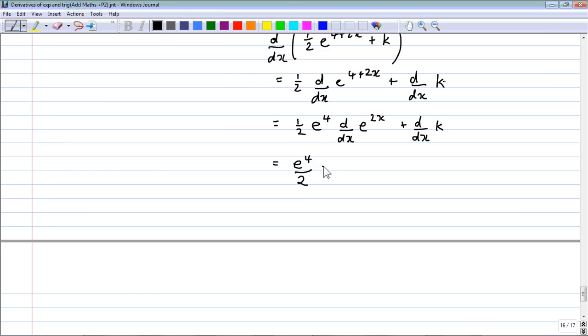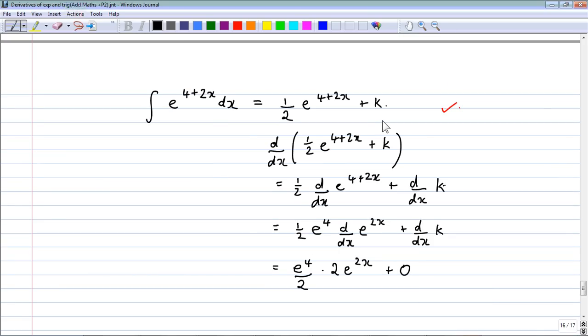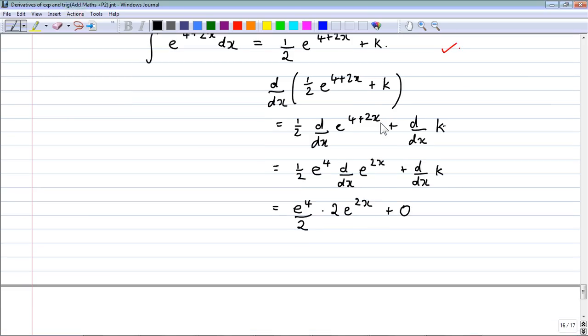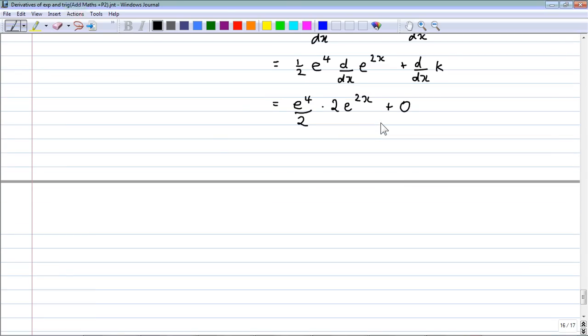That's e to the 4 over 2 times 2e to the 2x plus 0, and that's giving me e to the 4 times e to the 2x, or e to the 4 plus 2x.